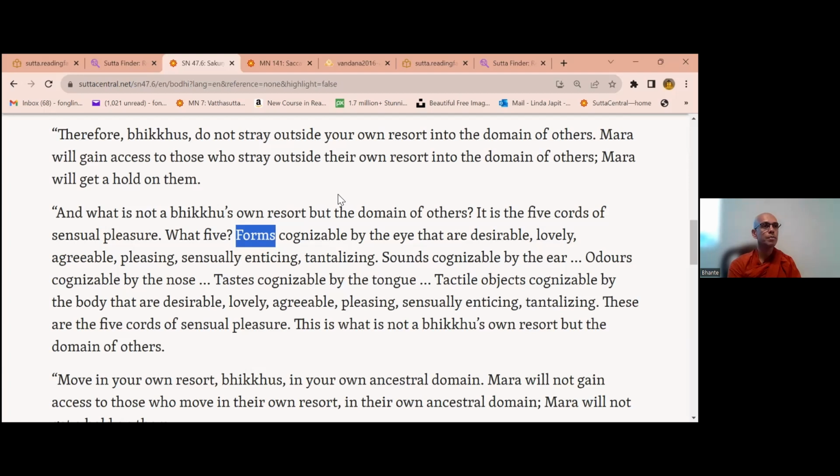The forms are impermanent. Permanent or impermanent? Everything you see is impermanent, just for a temporary period of time. Not me, not mine, not myself. You train your mind. Instead, we say, oh, I like this, this is my favorite. That's what we normally do every day.